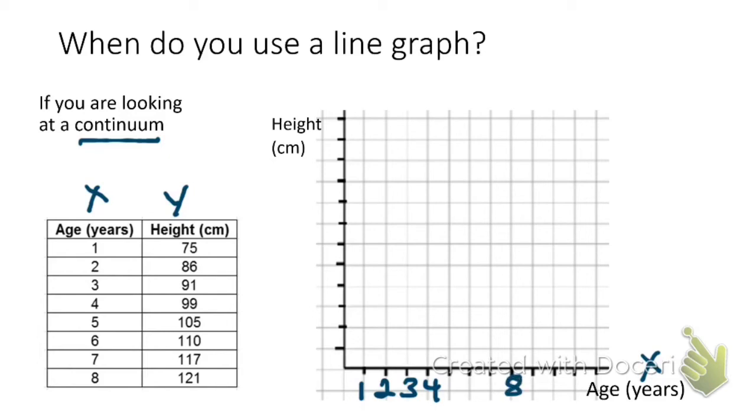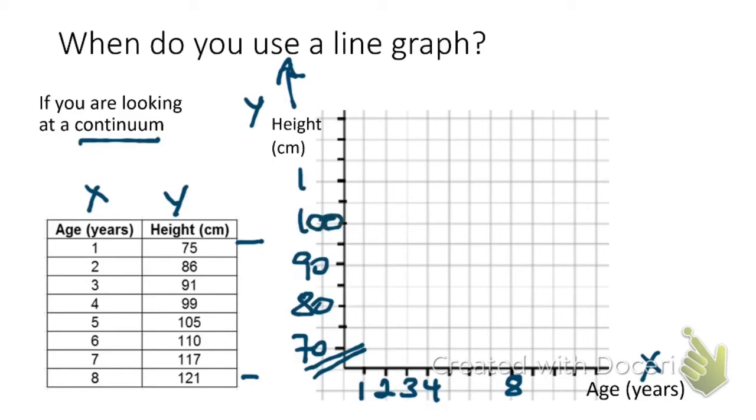Well, you can't use the same scale on your y-axis because your data points go from 75 to 121, and you would be way up on this y-axis. So you can actually interrupt your scale, and you can go from, let's say, 70 to 120, so you go 70, 80, 90, 100, 110, and 120.